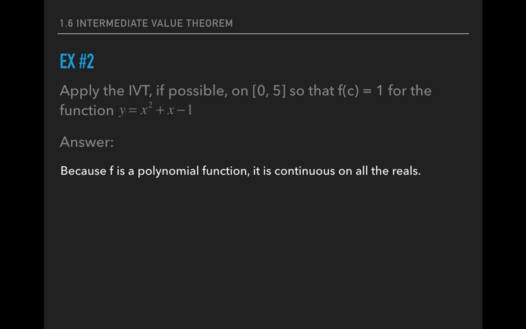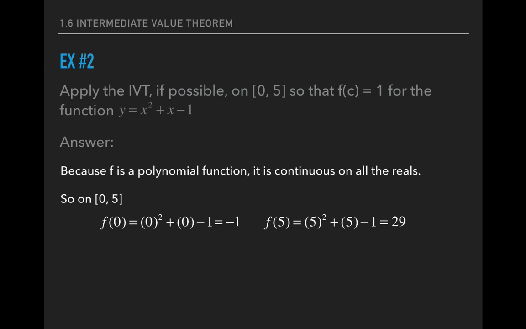And then we want to look at those two values, the function at 0 and at 5. At 0, the output is -1, and at 5, the output would be 29. So we're trying to find a value where the output is 1.